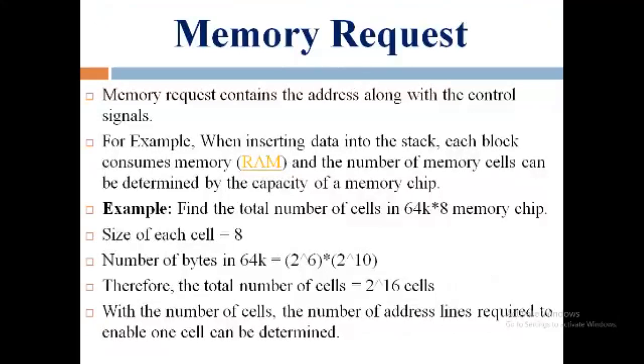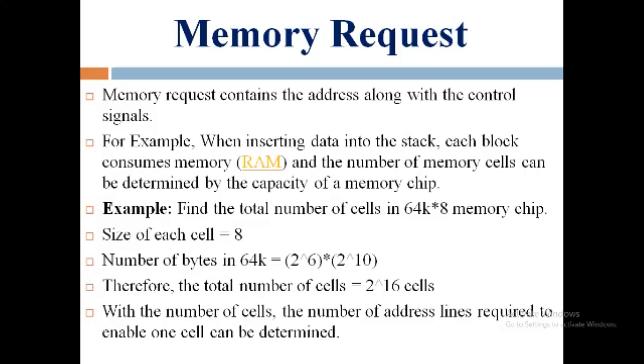Then the second point is that memory request. Memory request contains the address along with the control signals. For example, when inserting data into the stack, each block consumes memory RAM, and the number of memory cells can be determined by the capacity of a memory chip.